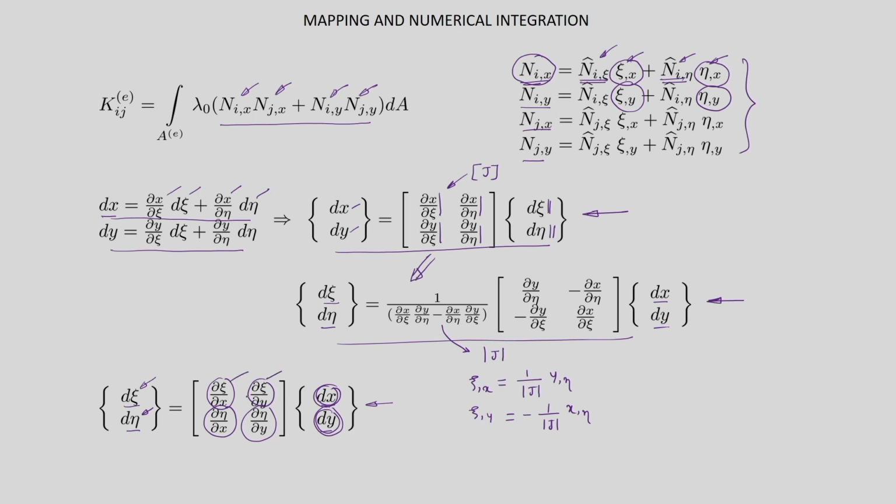So, all these coefficients we can calculate in terms of these. And what is the value of these? We already know the expression for x, that is the sum of xi Ni hat, alright. So, we can take the derivative of x with respect to ξ and η, and we can calculate these, okay.